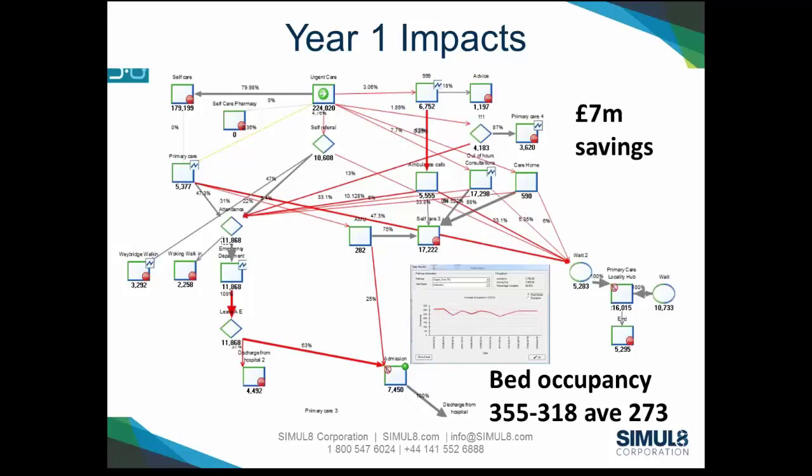So what we did was then set up a new part of our model, which is looking at this new locality hub, and as a result of that we could see the likely reduction in admissions, therefore likely reduction in savings, and the change in bed occupancy.